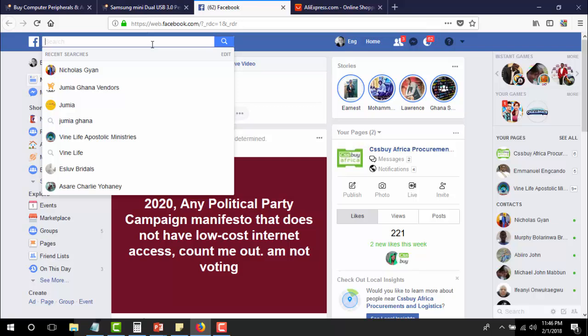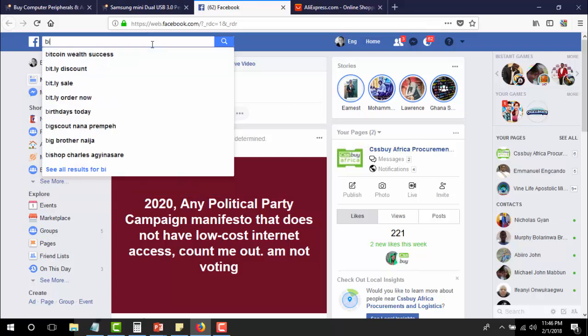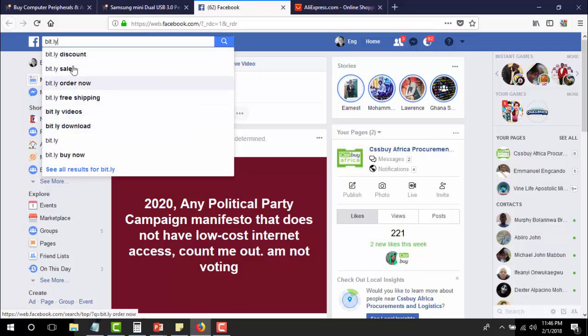What I do is I come to Facebook and type this. Normally people use shorten URL. You use bit.ly. You can see when I type just that, it's already giving me results of what people have done.